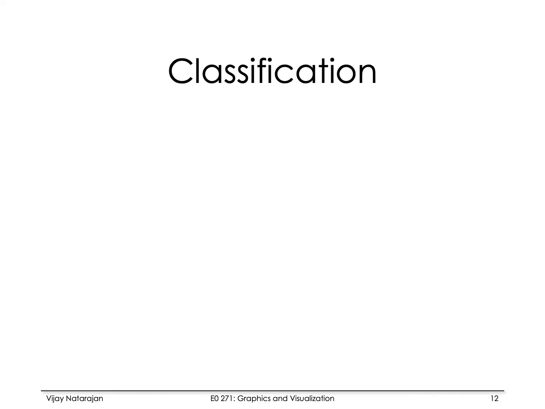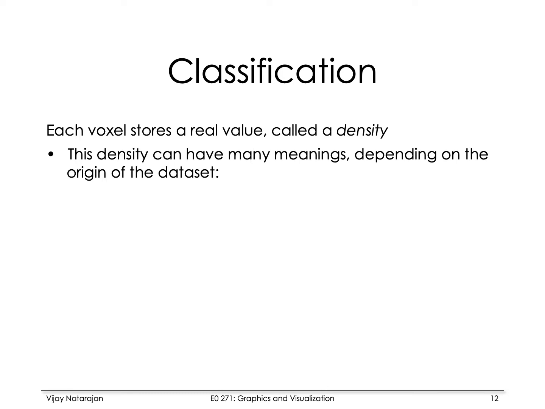So classification of the data into different regions plays an important role in the effectiveness of the transfer function or of the volume rendering. Like I mentioned, the scalar values are often called density. So each voxel actually stores a real value. This real value, let's say density, could have many meanings depending on the origin of the data set.